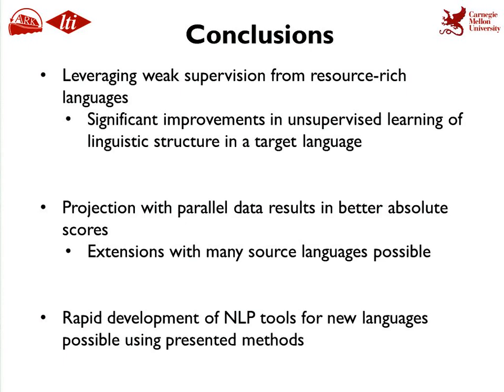And the final point is that rapid development of NLP tools is possible for new languages, and this is in fact being done at Google, where the first part of the work was done, and also in a resource-poor MT scenario at CMU. Okay, thank you.